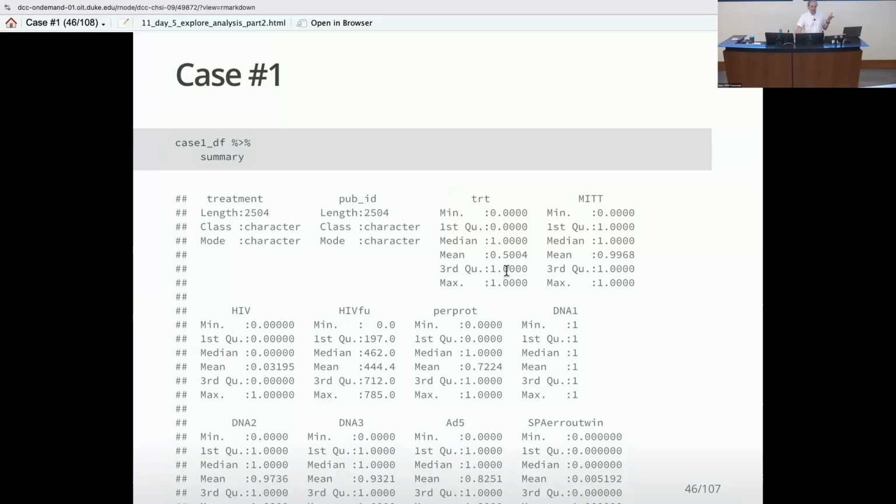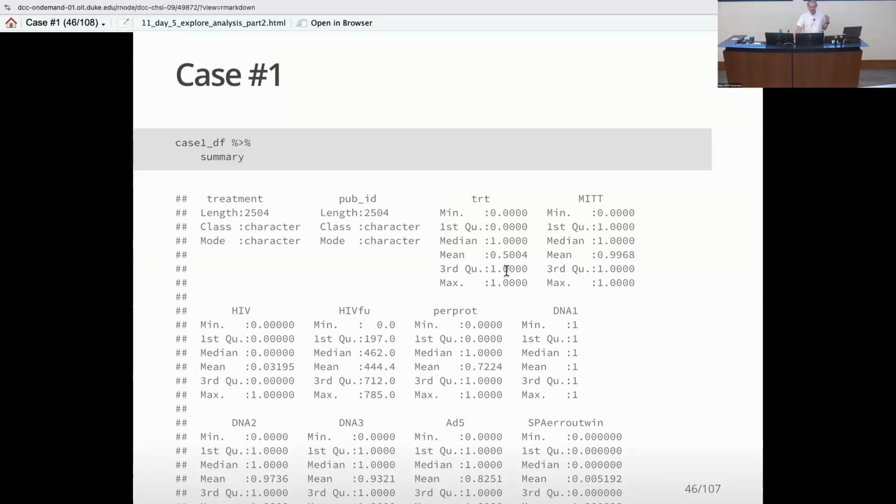The median is 1. The 25th percentile is 0. The 75th percentile is 1. I mean, if you had a ton of zeros and ones, and you just had slightly more ones than zeros.